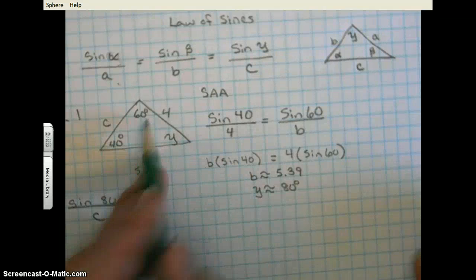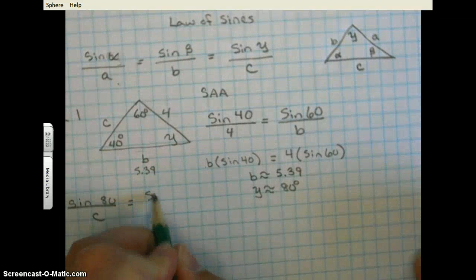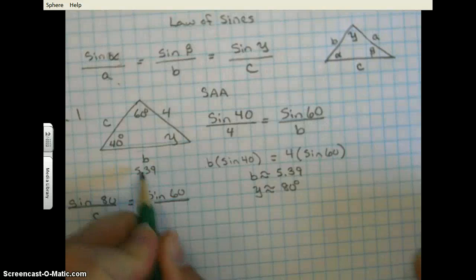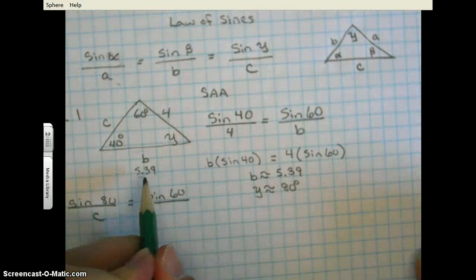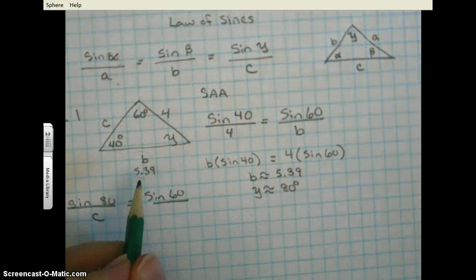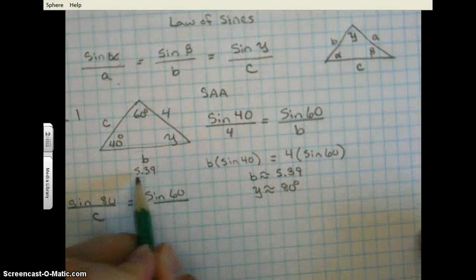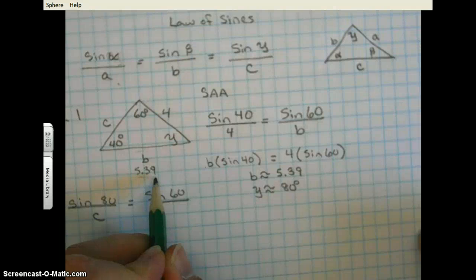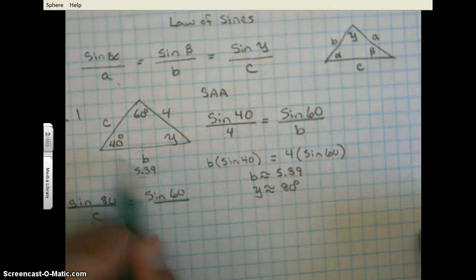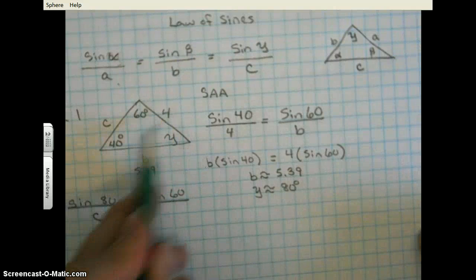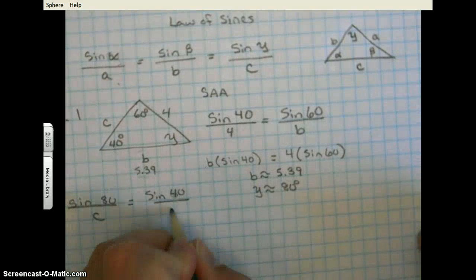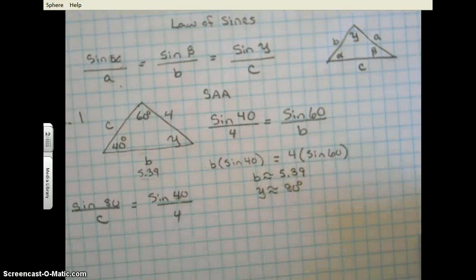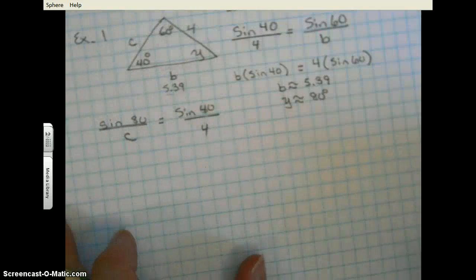Beta is 60 over 5.39. Oops, that's an approximate value. Alex, if you're watching this video, you know that if I can help it, I'm not going to use that. So I'm going to go ahead and use the other one. So I'm going to use 40 and 4. So the sine of 40 over 4. Okay, so we're going to solve this.